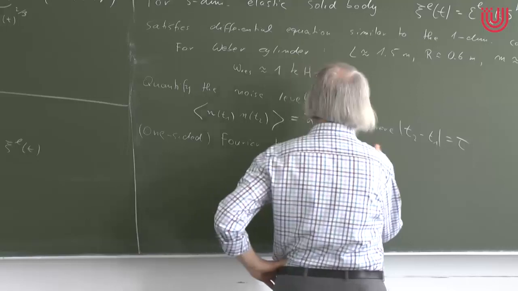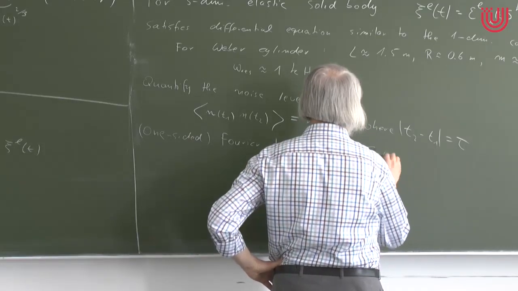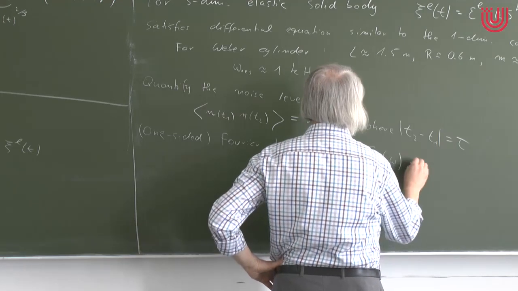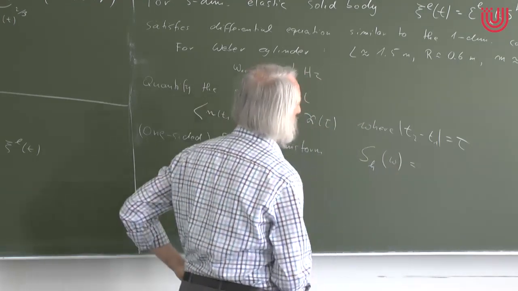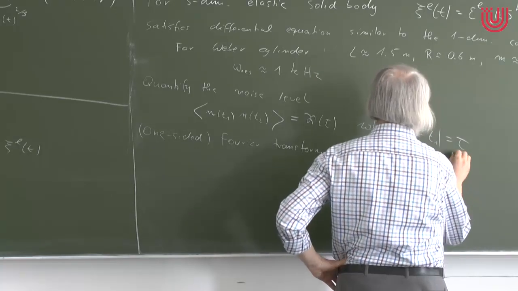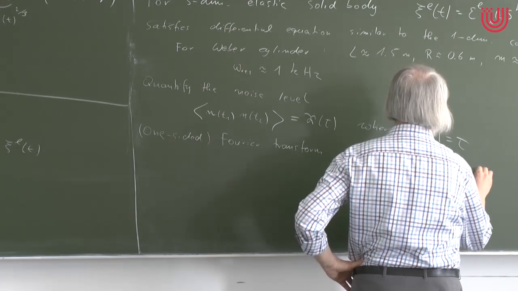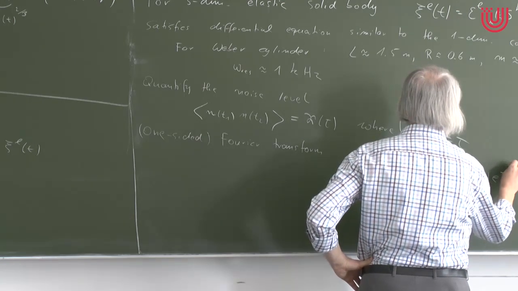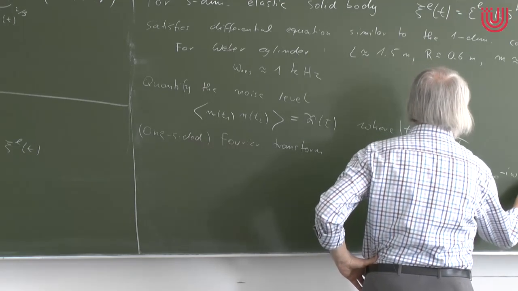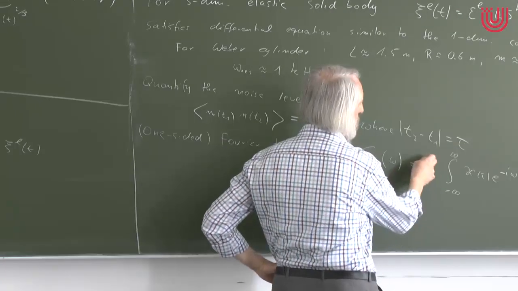The Fourier transform of kappa, for some reason in the literature usually called S_h, is a function of omega, the frequency. It is defined as the integral of kappa of tau times e to the minus i omega tau d tau, and there's a conventional factor.